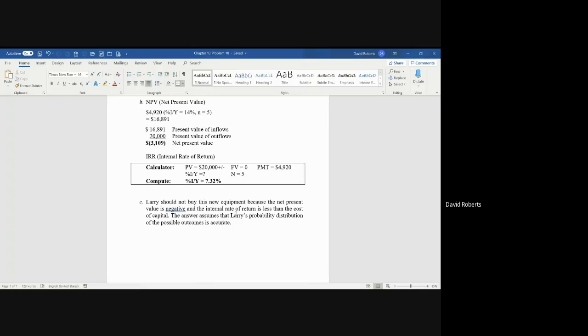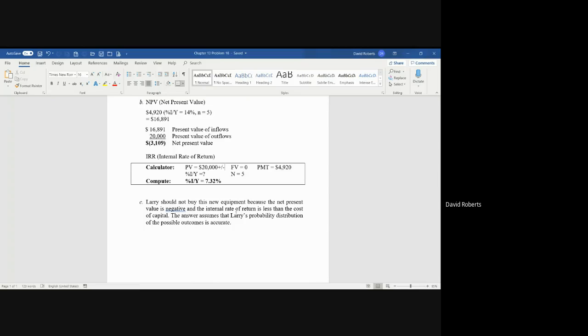Future value is 0, PMT is 49.20, IY is an unknown, and N is 5. So in this case, you need to then go compute IY, and you get 7.32, which is less than the discount rate of 14%. That is why the net present value is negative.